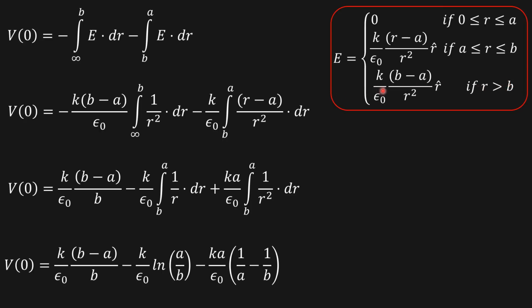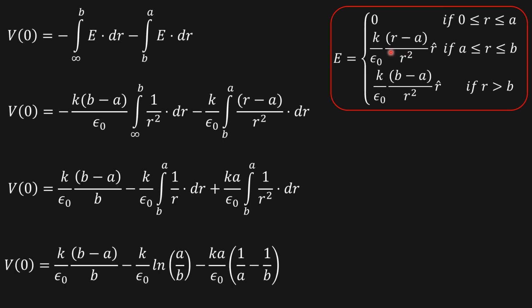So that is equal to K over epsilon naught multiplied by (R minus A) over R squared. Now here you take the constant outside: minus K over epsilon naught is a constant, and you bring 1 over R squared inside the integral because you are going to integrate with respect to R. Then the next integration is between A and P, that is, between the inner sphere and outer sphere.